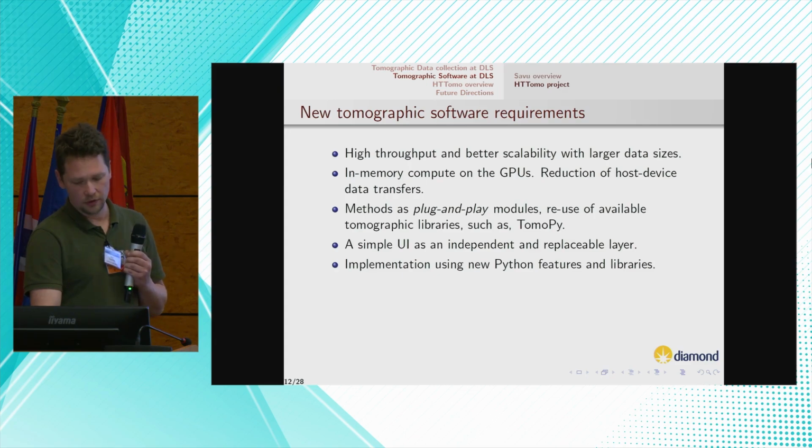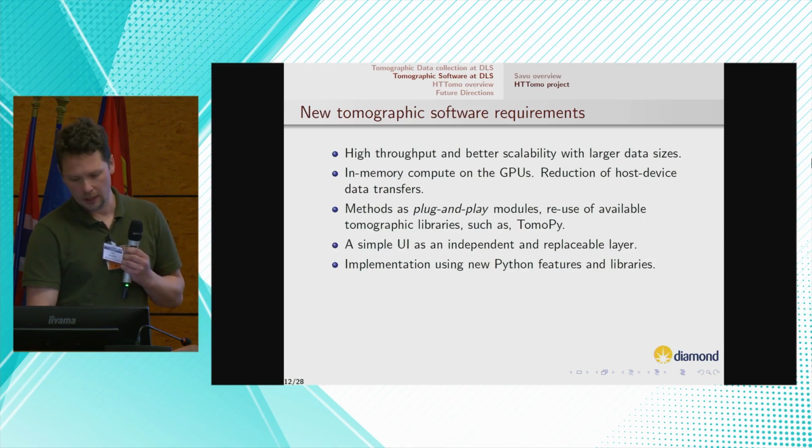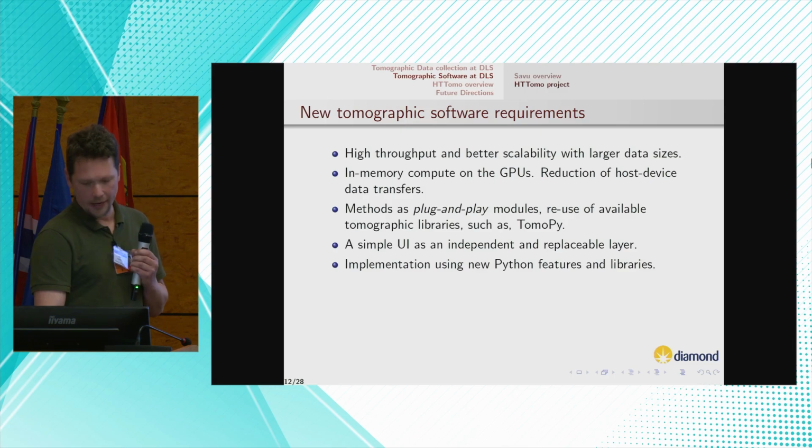We just use what's already there, for instance, TomoPy, which is mostly a purely CPU package. Then a simple UI as an independent, replaceable layer. At some point, we might want to do some kind of GUI, for instance, so that should also be a different layer.